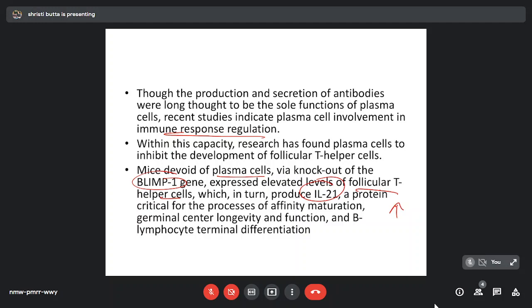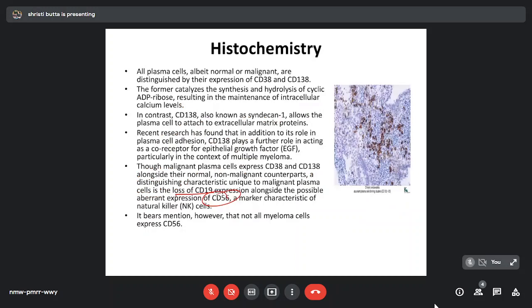It must be noted that CD56 is a marker of NK cells. However, it also bears mention that not all myeloma cells express CD56. So besides CD38 and CD138, there is loss of CD19 and an expression of CD56, but not all plasma cells express CD56 in multiple myeloma.